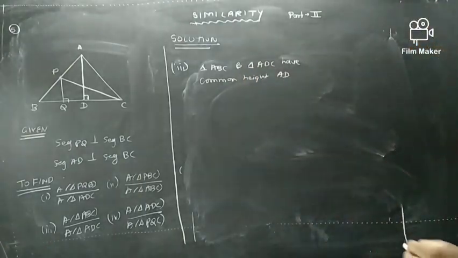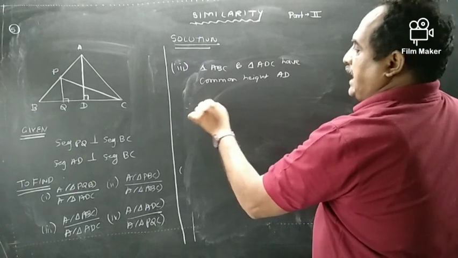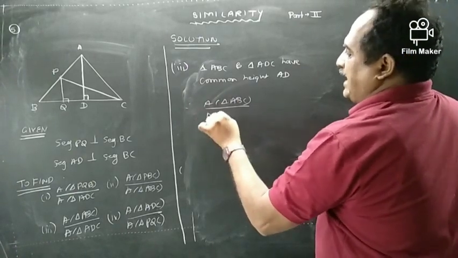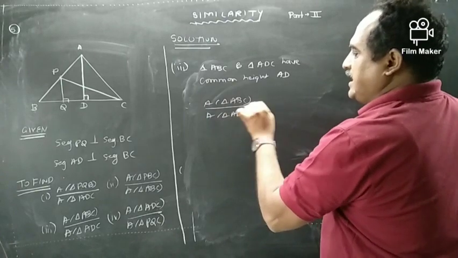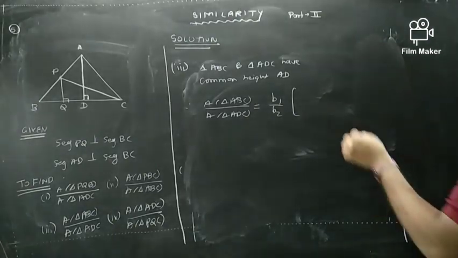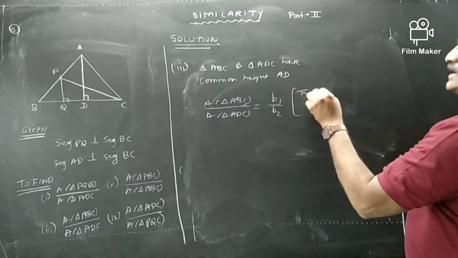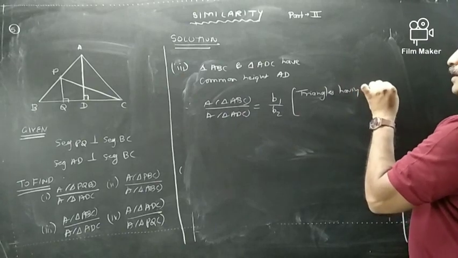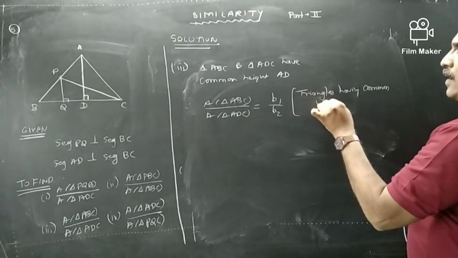Therefore, area of triangle ABC upon area of triangle ADC is equal to base 1 upon base 2. The reason you are going to write: triangles having common height.